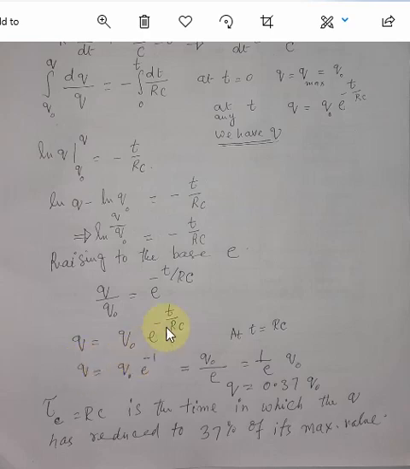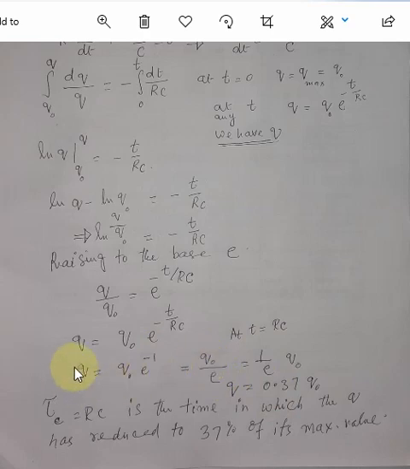Now if we put t equal to RC, which is the capacitive time constant, then at that particular time the power reduces to 1, that is RC divided by RC is equal to 1. So we have exponential minus 1, and this gives us 1 over e.